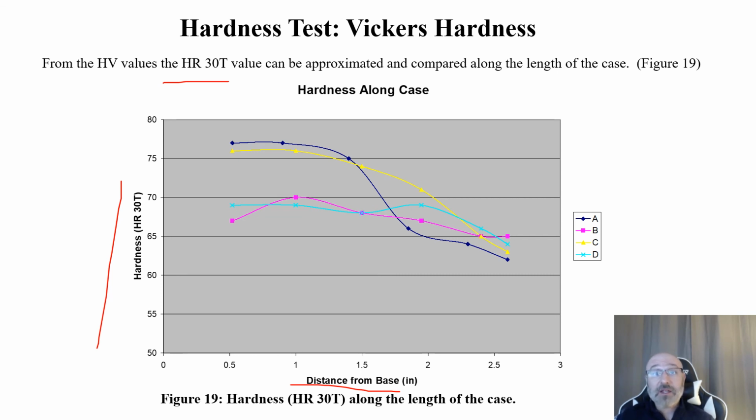What we found for all four cases, A, B, C, and D, that we took the specimens from, is that as we went further away from the base, our hardness decreased. We see that in all four samples that we tested. That was the trend: as we went further from the base of our case, our hardness decreased.